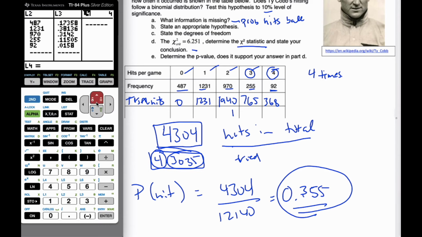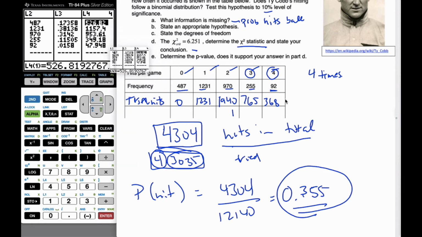And then going to L4, I know that there's 3,035 games. And so I'm going to go 3,035 times L3. So these are how many games are expected. So he's expected 500 games, 526 games to hit it 0 times, 1,157 1 time, and so on and so forth.